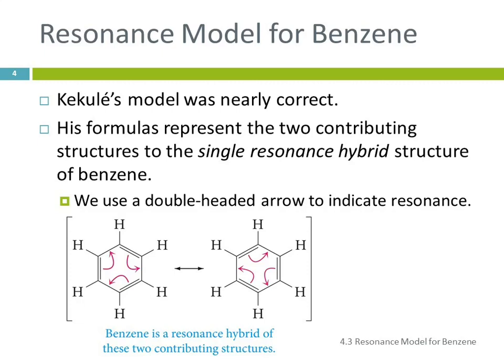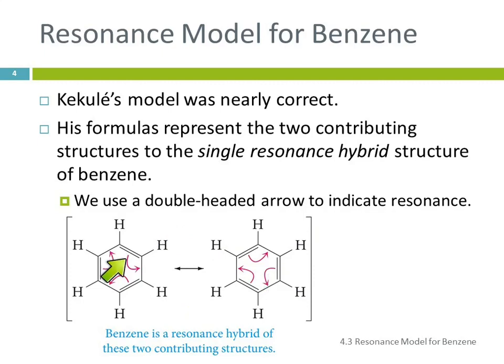What we understand now is that his 2 formulas are actually the 2 contributing structures to a single resonance hybrid. So there is only one structure for benzene, but it is between these. And here we have the arrows showing how the electrons from the pi bond between these 2 carbons can move over here, and those can move over there, and those can move over here, and we can get this structure.